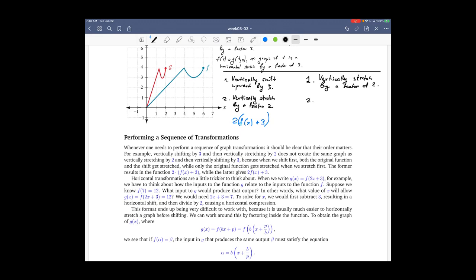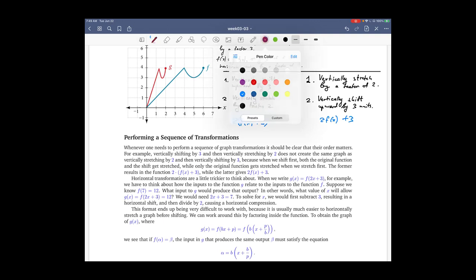And then second, we will vertically shift upward by 3 units. In this case, we produce a different function. Vertical stretch by a factor of 2 results in twice f of x, and a vertical shift by 3 results in adding a 3 to this.